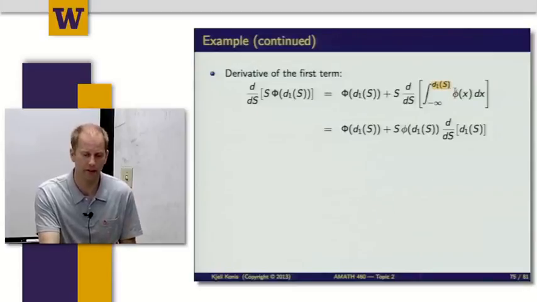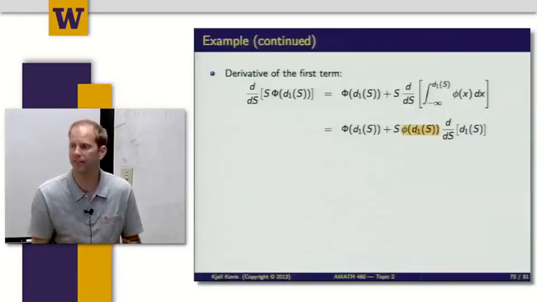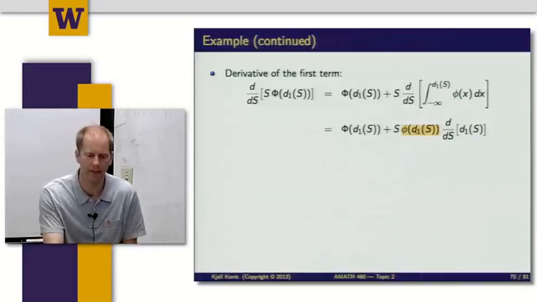So I need to use the chain rule here. And so I'm going to end up with s, that's this s here, times lowercase phi of d1 of s. So that's this phi evaluated at the upper end point of the integral. And then by the chain rule, I need to also multiply that by the derivative of d1 of s.